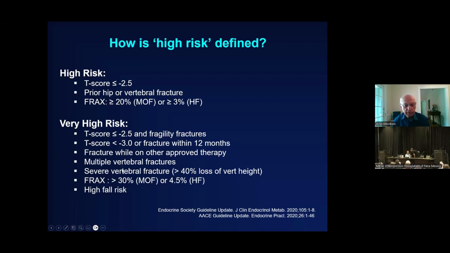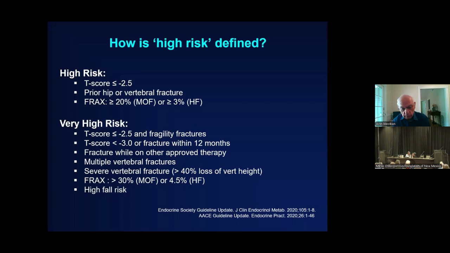Multiple vertebral fractures, severe vertebral fractures, and a FRAX score that is actually higher than that earlier threshold of greater than 30% for any fracture or 4.5% for a hip fracture. And we're becoming more and more aware of the bottom point. High fall risk is really important.